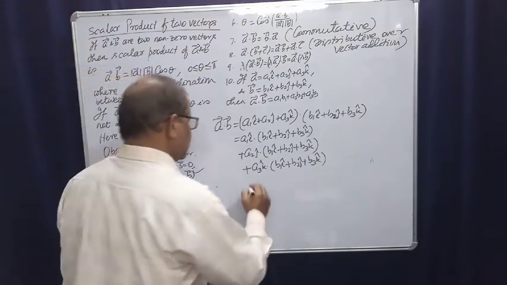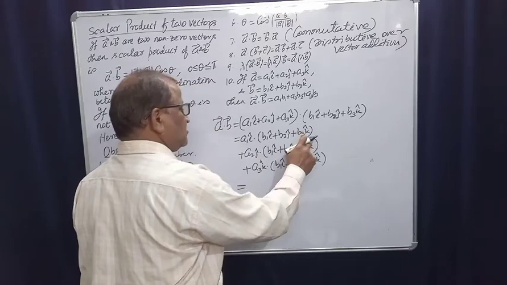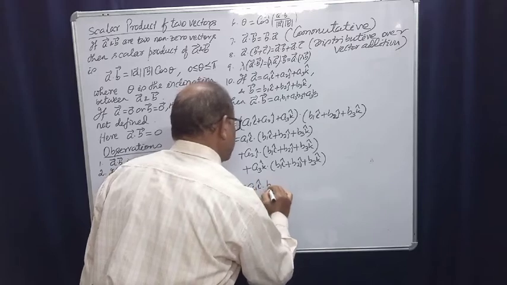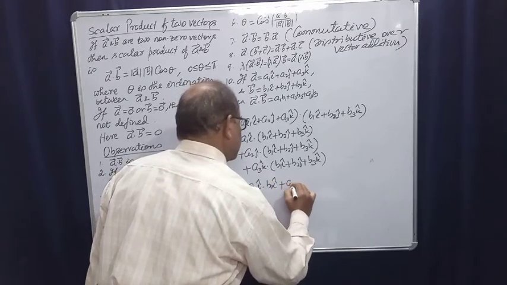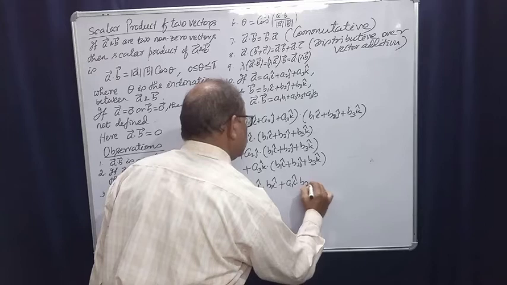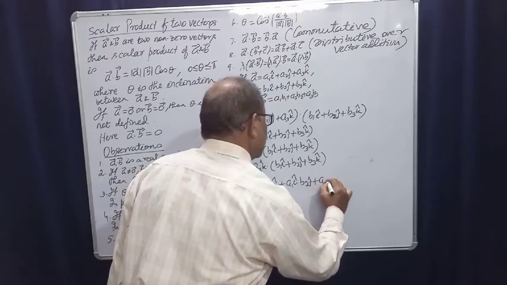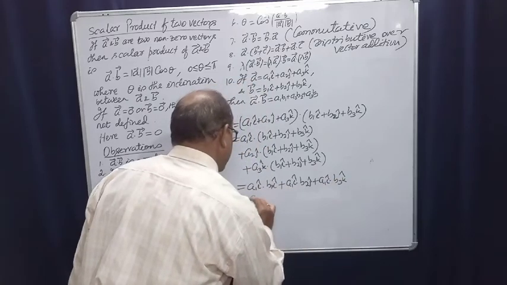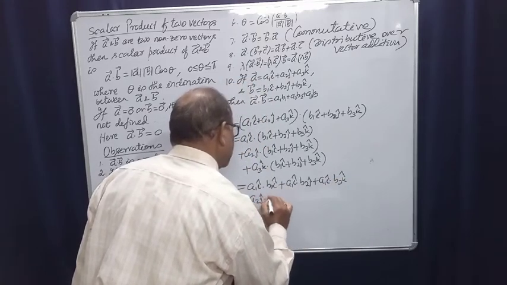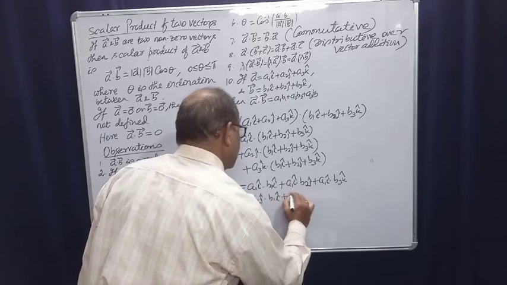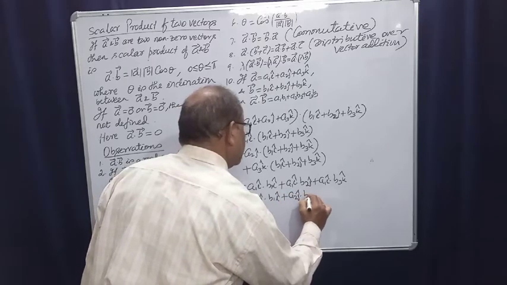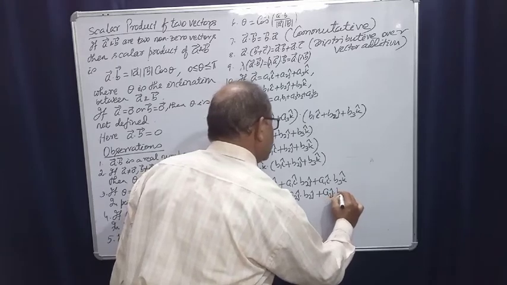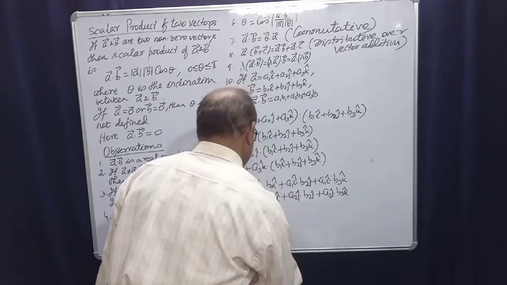Right? Again, you can distribute it: A1 I cap dot B1 I cap plus A1 I cap dot B2 J cap plus A1 I cap dot B3 K cap. Then A2 J cap dot B1 I cap plus A2 J cap dot B2 J cap plus A2 J cap dot B3 K cap.